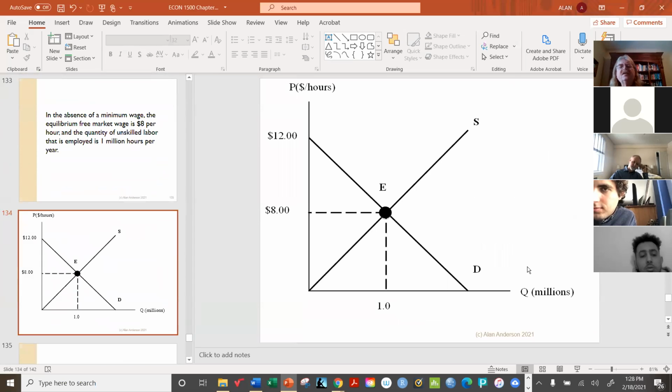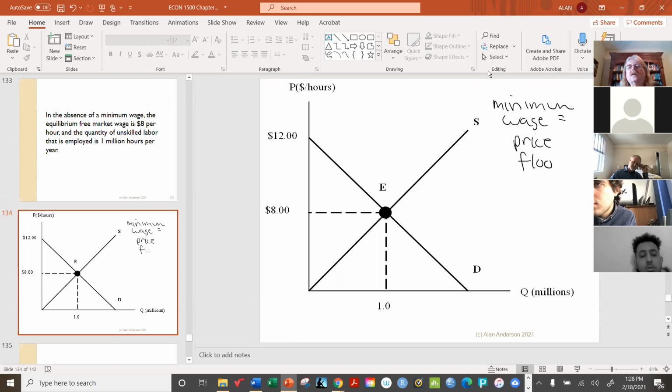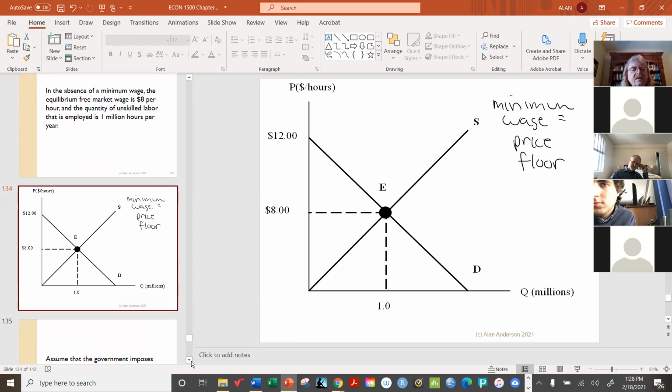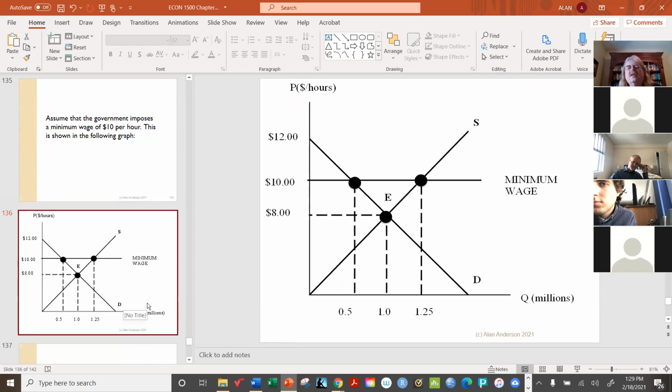There it is. Okay, so imagine this is the current situation, and the minimum wage is a price floor. It's a special type of price floor. And in the example, here it is, $10 an hour.